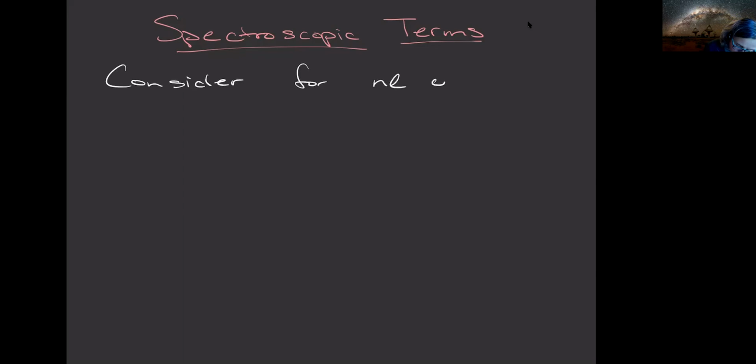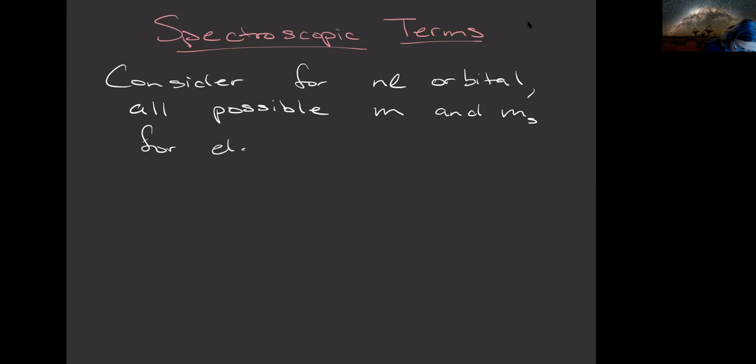So we consider, for an nl orbital, all possible m and ms for electrons outside the closed shells.